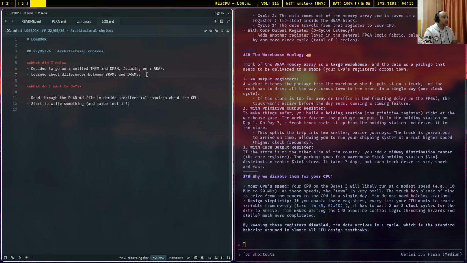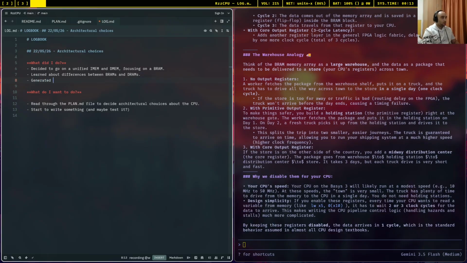In the log, what did I do? Generated 32 kilobytes VRAM. More info in docs memory.md.